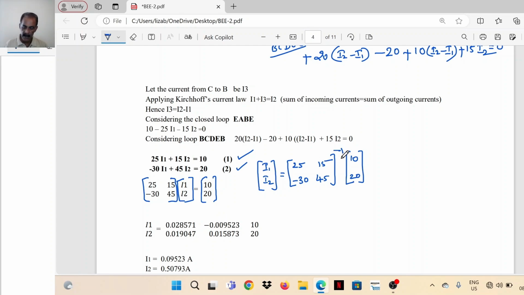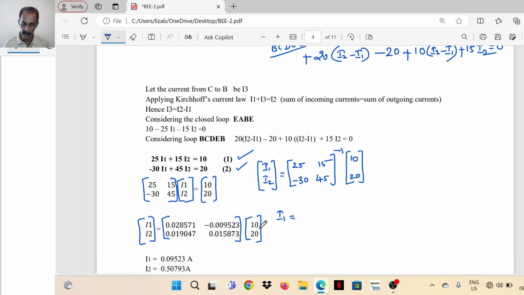So the inverse of this matrix is given here: 0.028, minus 0.0095, 0.0190, 0.0158.